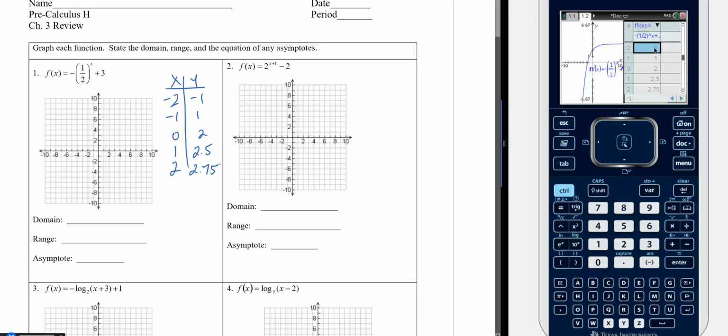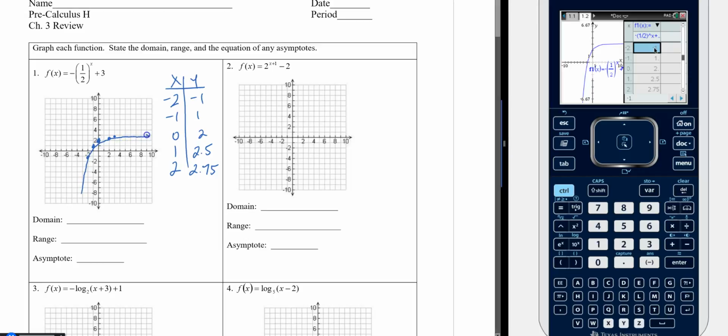And when I plot each of those points, -2, -1, -1, 1, 0, 2, 1, 2.5, and 2, 2.75. So we have a graph.